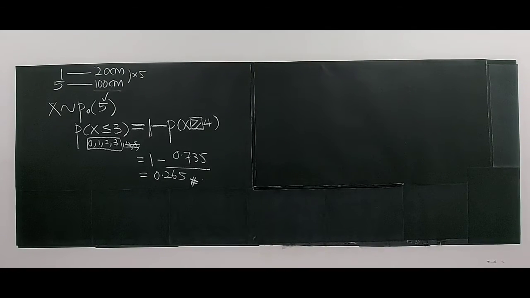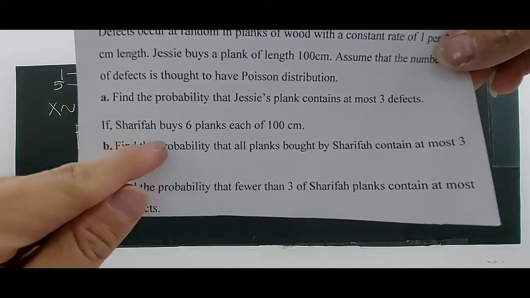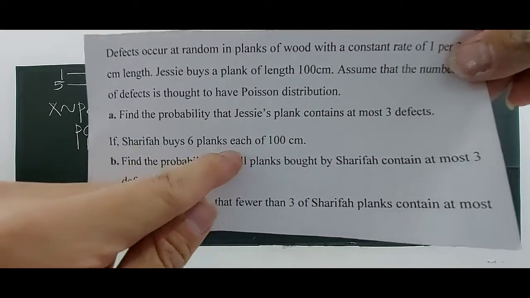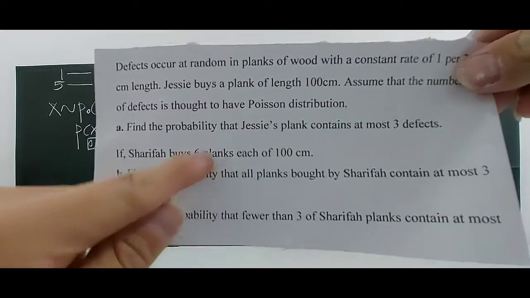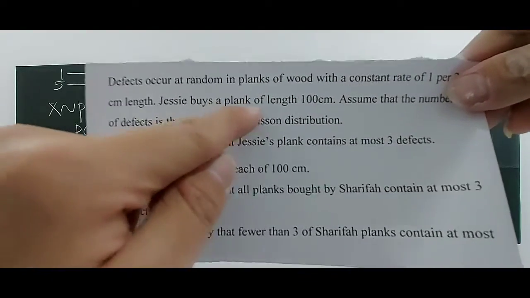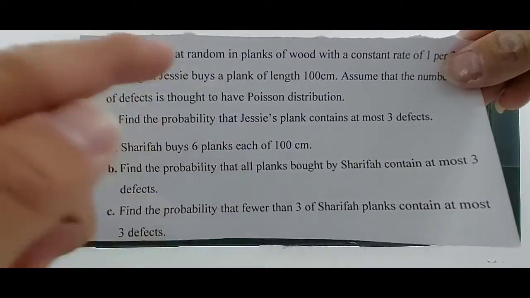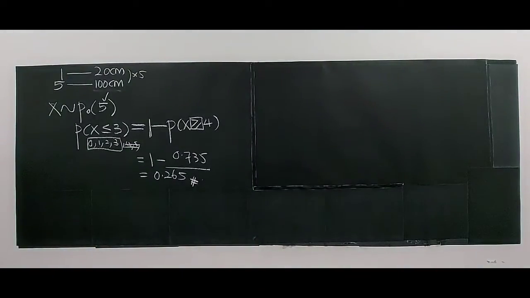Okay, let's continue with the question. Now it's another person. If Sharifah buys 6 planks, each of 100 cm, it's the same thing, but just now Jesse bought only 1 plank. Now Sharifah buys 6 planks, each 100 cm.